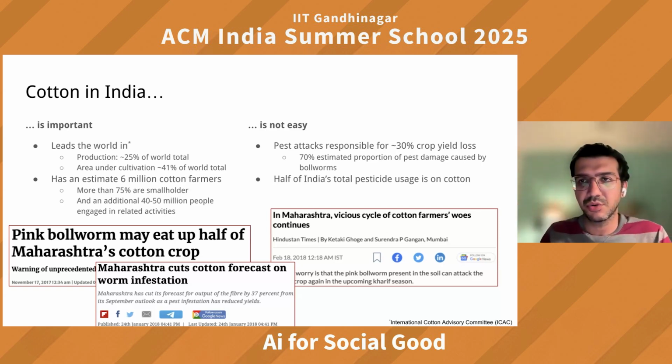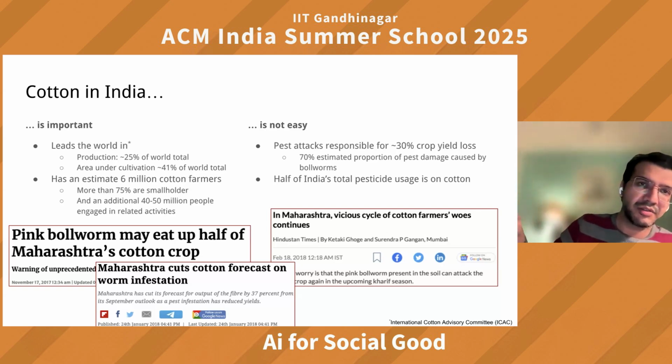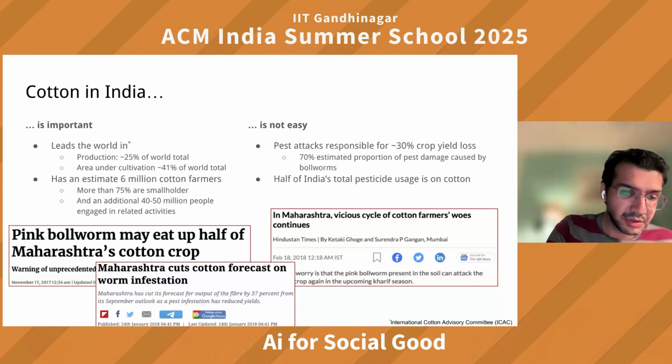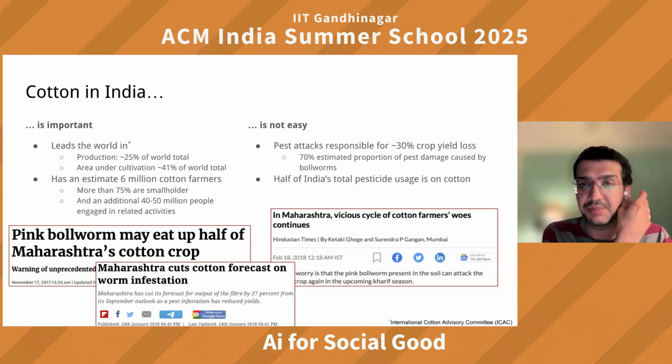Next season they cannot afford enough pesticide, and so they get even lower yields, and as we have seen, some farmer suicides happen. This is partly because of this debt cycle. And one of the key reasons for low yield is pests, very simply.